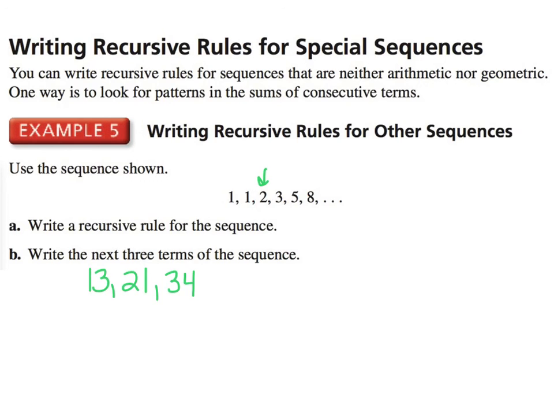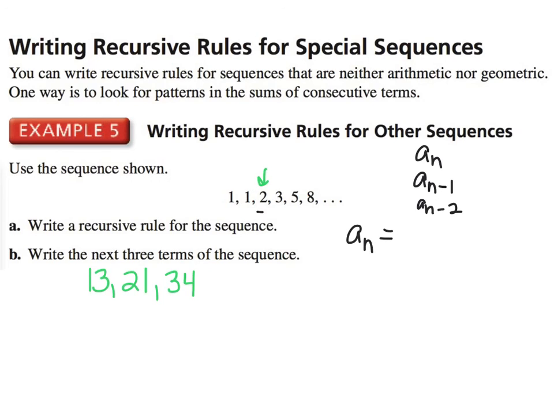Now, to write your recursive rule, what do we do? Well, I have to find the nth number. So how do you get to the nth number? You add the two terms before it. So remember, a sub n would be the current number we're on. a sub n minus 1 is the term before that. a sub n minus 2 would be the term before that.